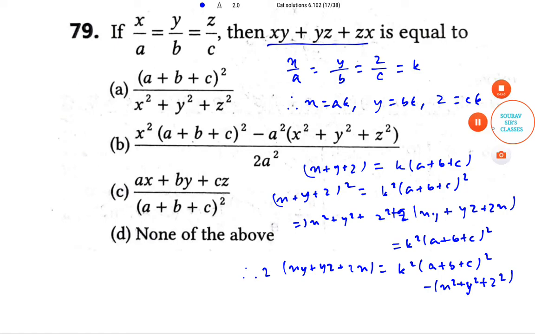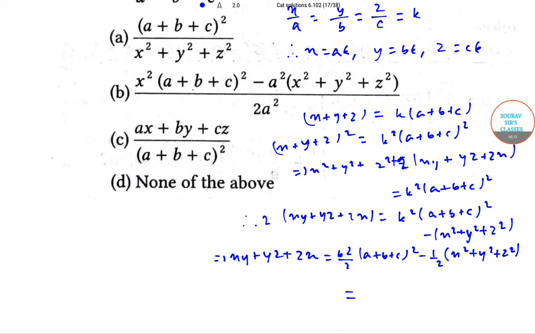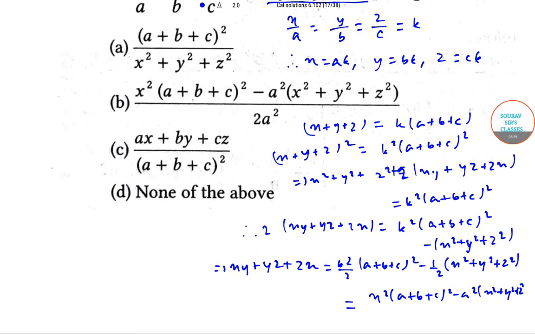And from here we get xy plus yz plus zx is equal to k squared by 2 into a plus b plus c squared minus half x squared plus y squared plus z squared, that is equal to x squared into a plus b plus c squared minus a squared into x squared plus y squared plus z squared by 2a squared.